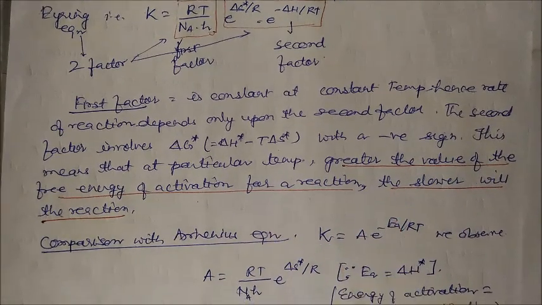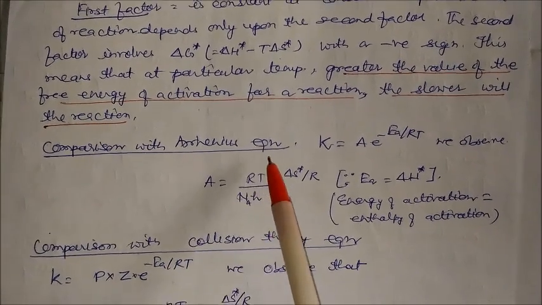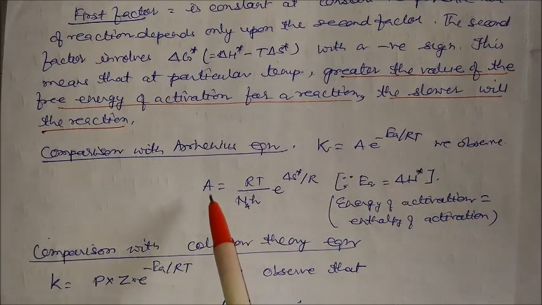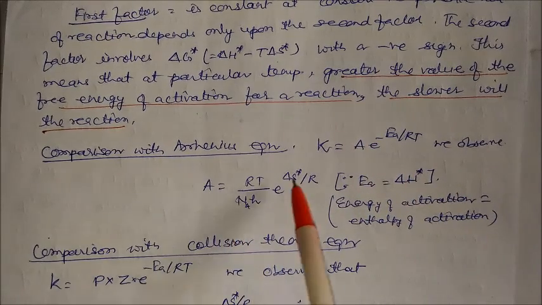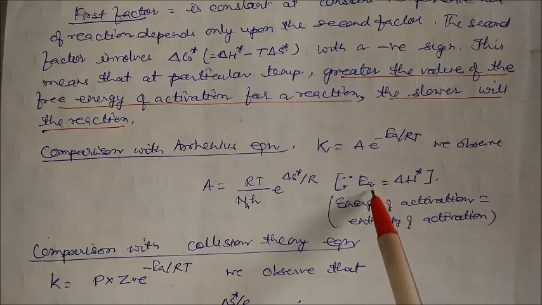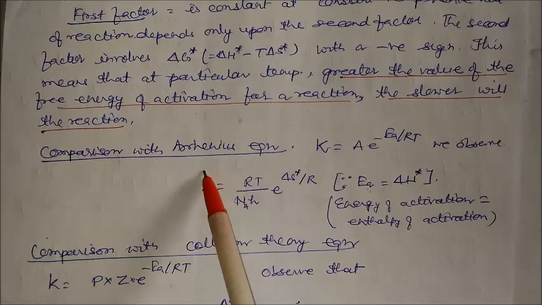Now compare this with the Arrhenius equation. You will observe that the frequency, that is the pre-exponential factor, is the value of this one, since the activation energy Ea is equal to ΔH*. So you will get the pre-exponential factor.